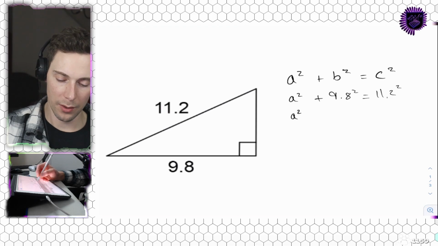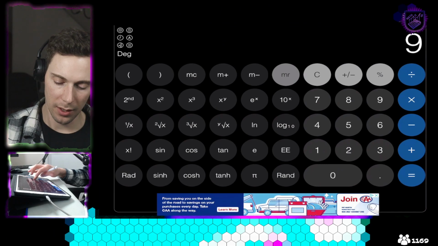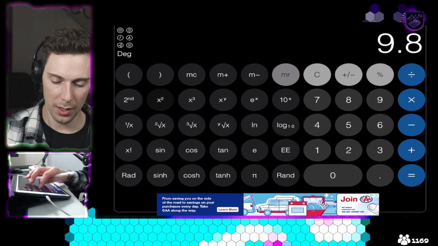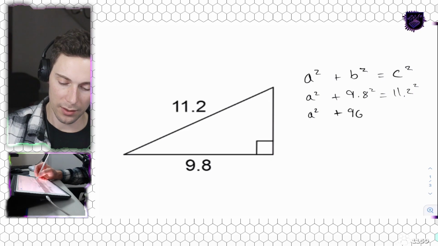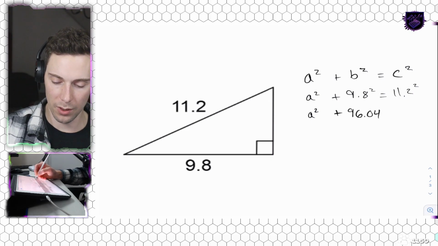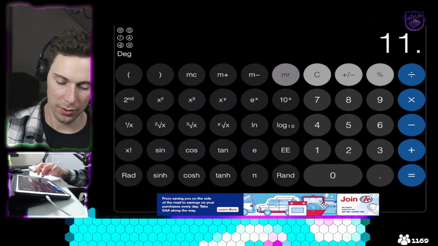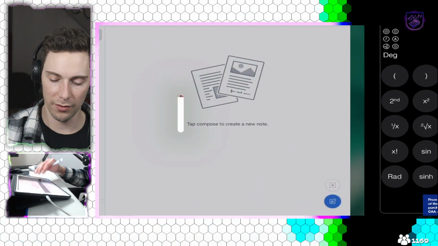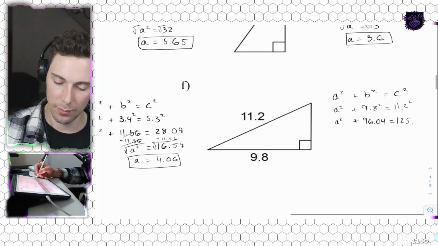A squared plus, what is 9.8 squared? 96.04 is equal to 11.2 squared, which is 125.44.